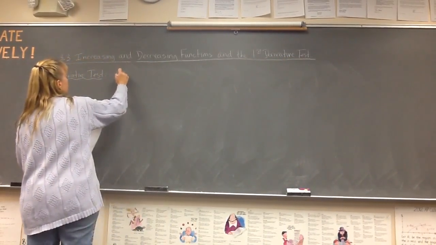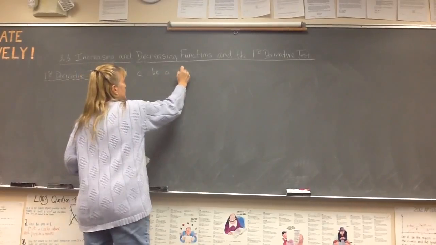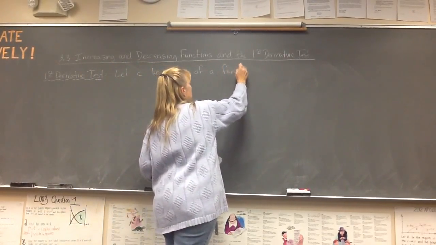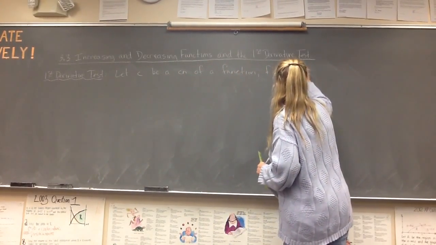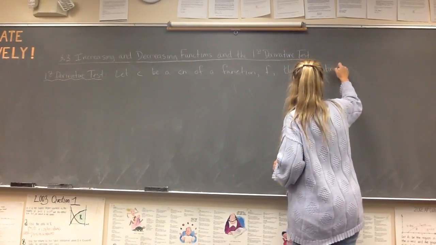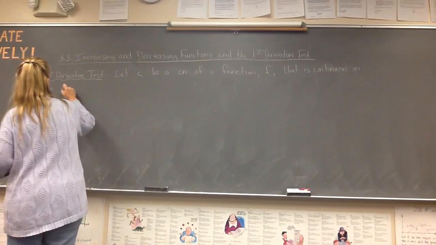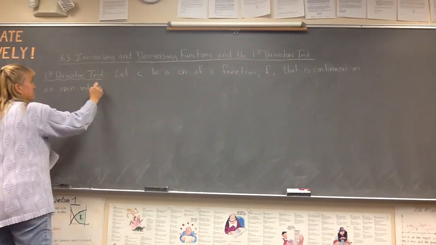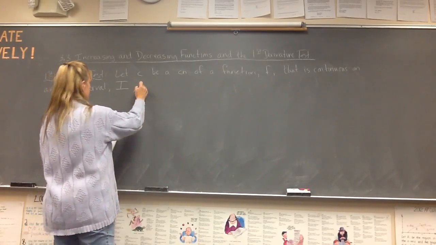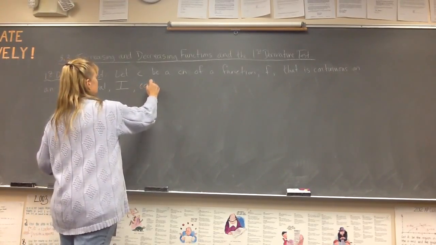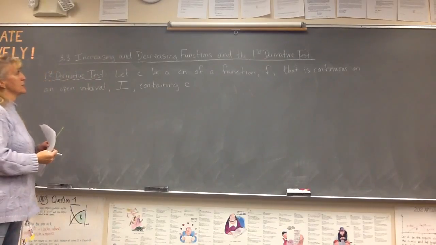All right, we're going to start with: let C be a critical number of a function, and we'll call that function f, that is continuous on an open interval, and they call that open interval I, containing C. So C is a critical number of the function.